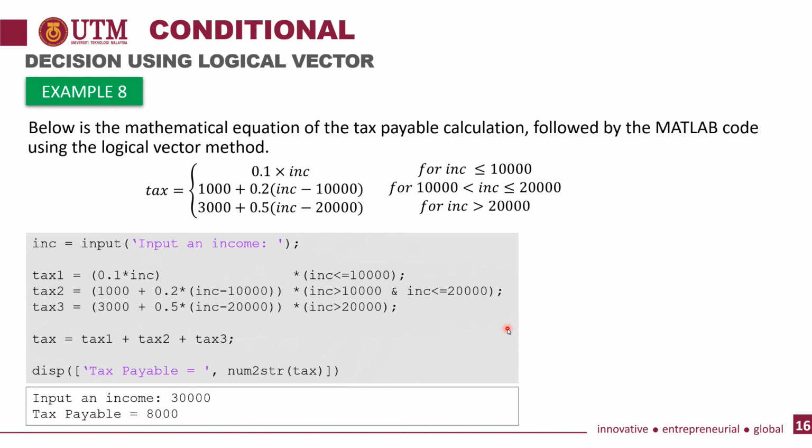From this example, I'm sure you already know which type of conditional operator you need to use, either if-else, switch, or logical vector. You need to know how to choose among them. For example, if you have a statement which is not related to a mathematical expression, you need to use if-else.